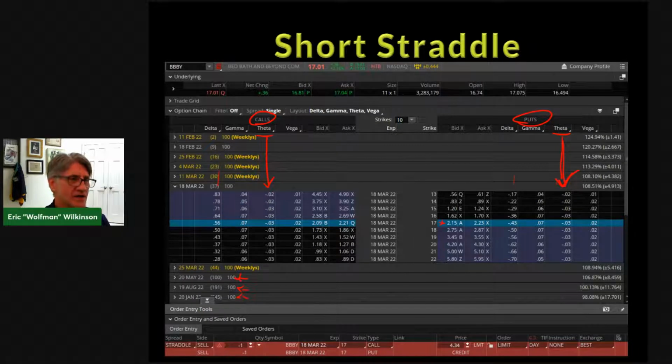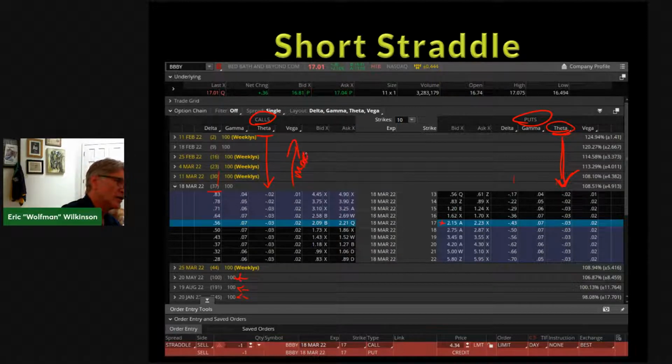Well, something to note with volatility, it affects the nearer duration options more. The closer you get to expiration, theta is going to increase. All right. So way out here in time, this might be like 0.001 penny, right?